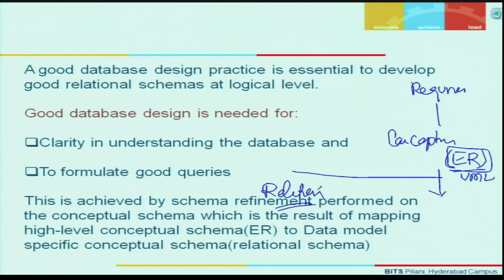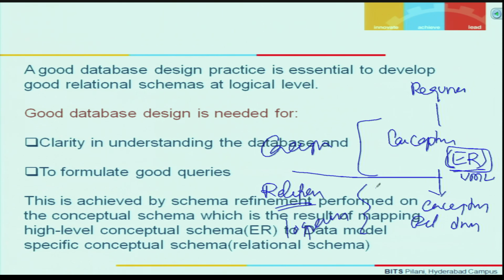Since we have chosen the relational model, the high level conceptual schema or high level data model should be translated into the conceptual schema which is specific to the relational data model, and this part is called logical database design, and drawing the ER diagram is called conceptual database design. Now we are focusing on logical database design.